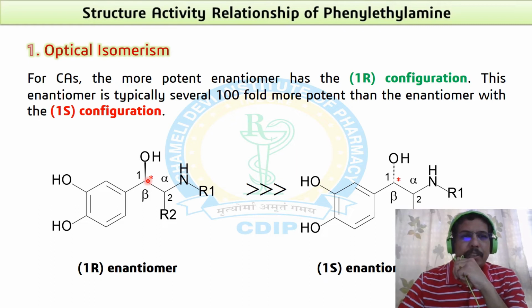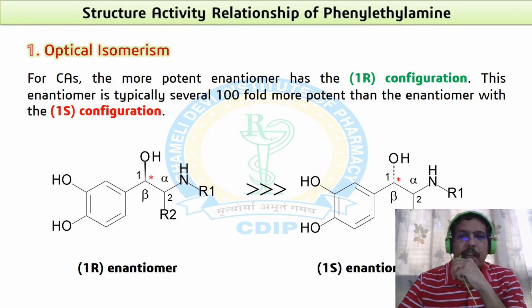But out of these two configurations, the R configuration at this center has several fold higher potency as compared to the S configuration on the beta carbon.